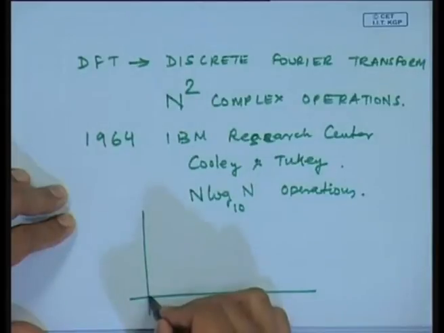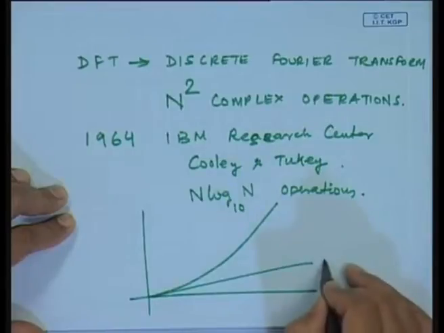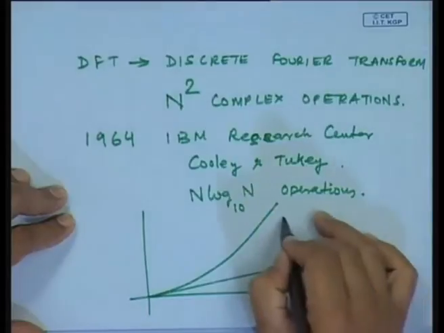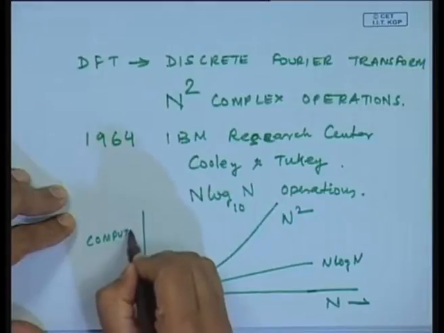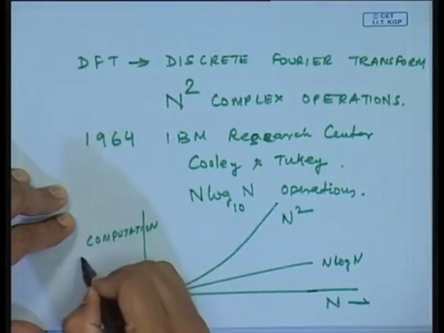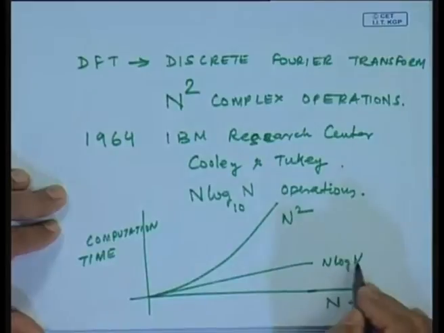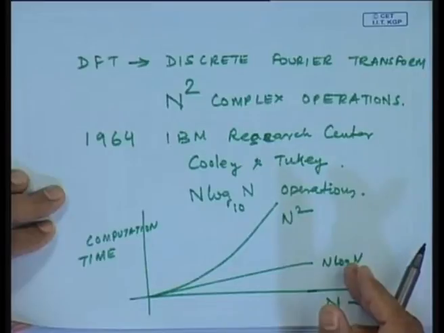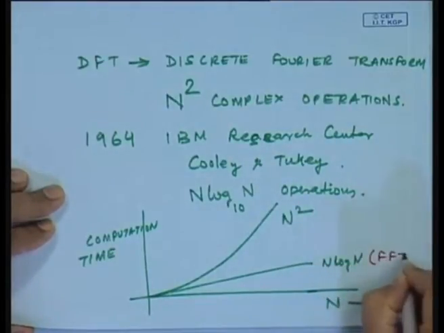N square is a parabola, compared with N log N, which grows much slower in computation time or resources. So, this was a much faster way of doing the same DFT, and this gave rise to a fast way of doing the discrete Fourier transform, which then came to be known as the fast Fourier transform.